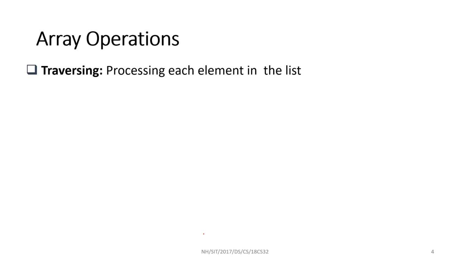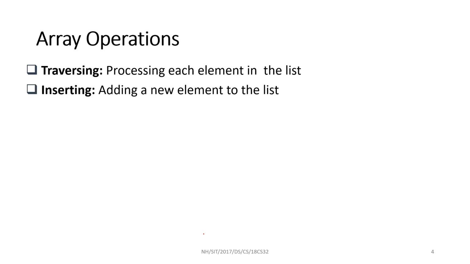That operation is traversing. The second operation is insertion: to the existing array having some n elements, we are going to insert one new element. The restriction is that the new element's data type must match the existing array data type.